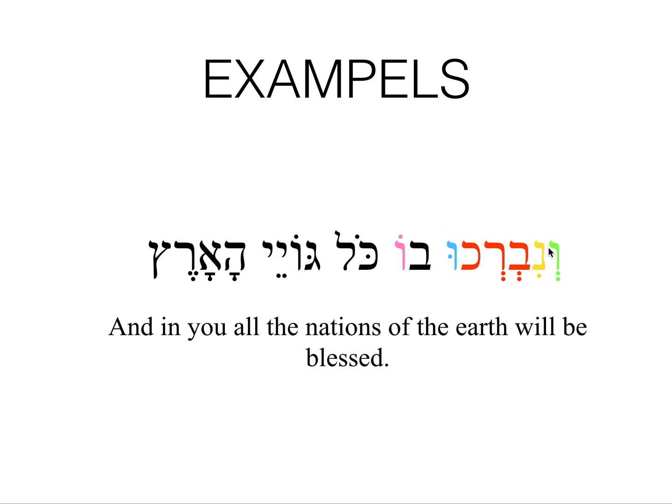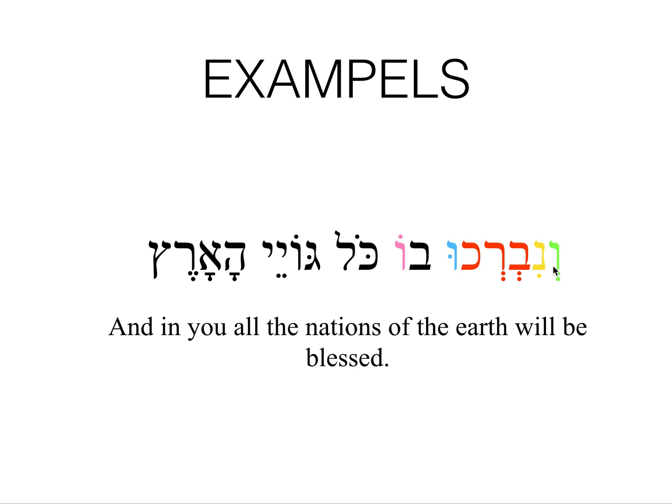We have the nun at the beginning, which tells us it's a nifal, so it's going to be passive in English. And finally, we have the vav conjunction. So the translation would be, they will be blessed. They are not doing the blessing because it's passive, so they will be blessed.